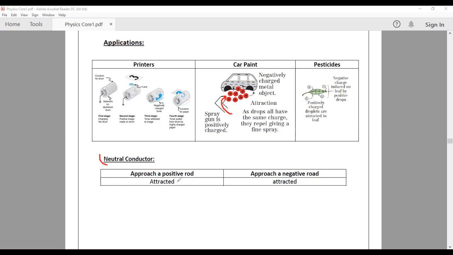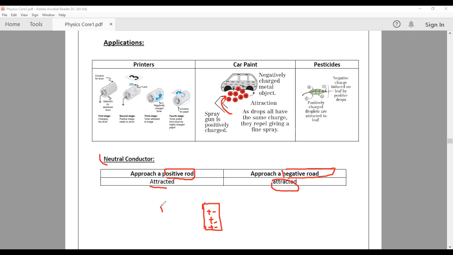Last thing, neutral conductors. When you approach a positive rod, they will attract. When you approach a negative rod, they will attract as well. How? As we said before, for example, here is a neutral rod.